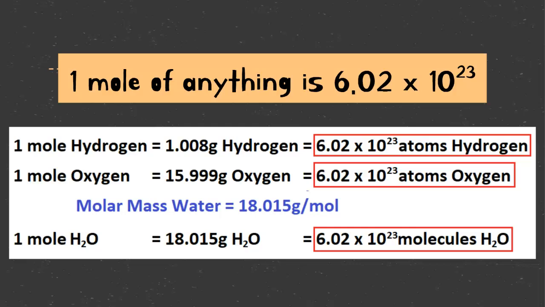So 1 mole of hydrogen, which is equal to 1.008 grams of hydrogen, contains 6.02 times 10 to the 23 atoms of hydrogen. 1 mole of oxygen, which has a mass of 15.999 grams of oxygen, contains 6.02 times 10 to the 23 atoms of oxygen. 1 mole of H2O, which has a mass of 18.015 grams of H2O, contains 6.02 times 10 to the 23 molecules of H2O.